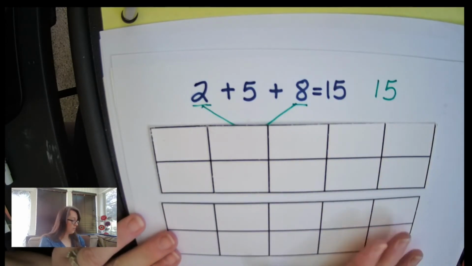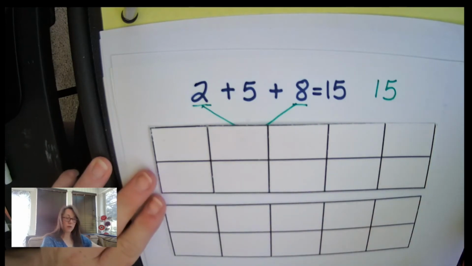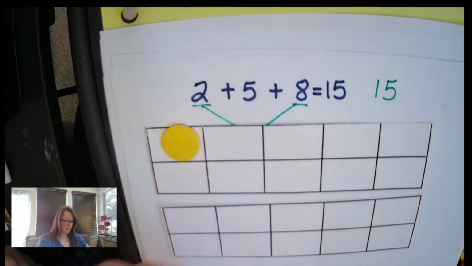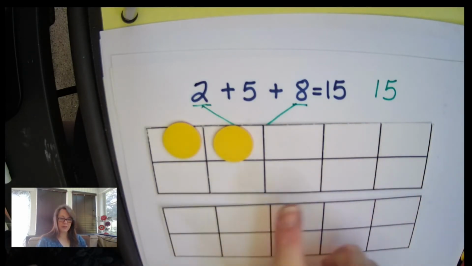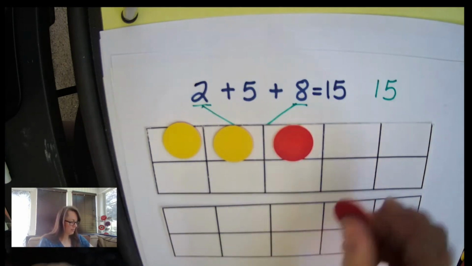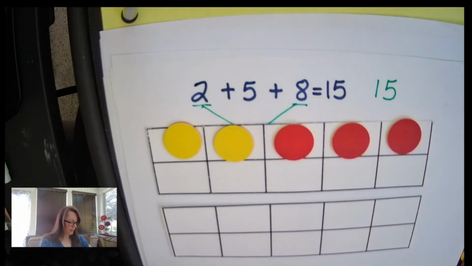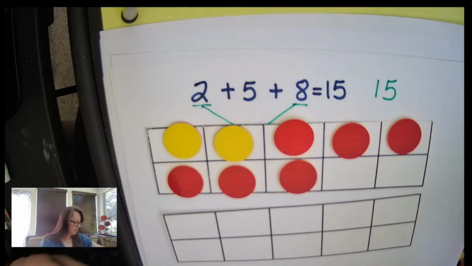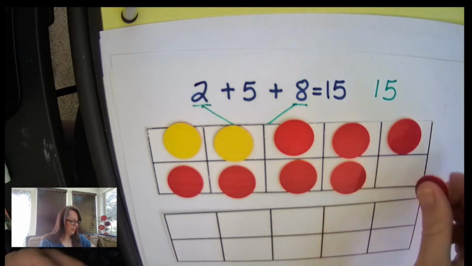One of these 10 frames would be full with the 2 and the 8. Let's see that. 2. And how many more till I fill this up? 8 more. 1, 2, 3, 4, 5, 6, 7, 8.